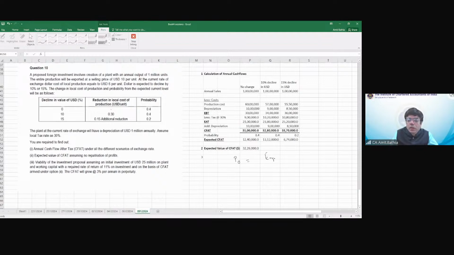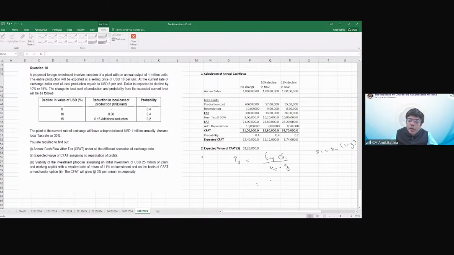Expected cash flow 1 upon KE minus G. C. एक्सपेक्टेड कैश फ्लो 1 कैसे मिलेगा आपको? Yes, how do we get D1? What is D1? D1 is D0 into 1 plus G. Am I right? Yes, sir.